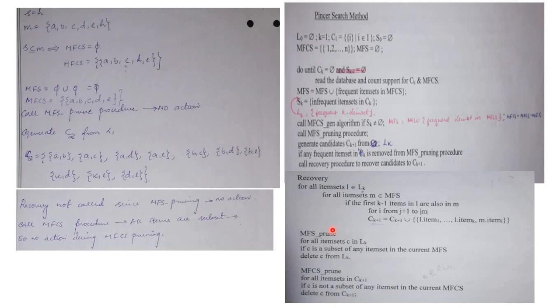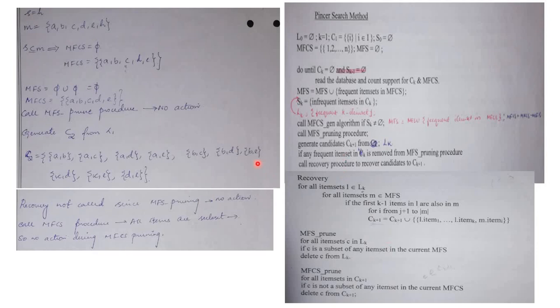If I have any item sets present in MFS as well as in L, then I have to remove them from L. So the MFS prune procedure is called for that reason, which checks whether any of the item sets in L are also present in MFS. For all item set C in LK, if C is a subset of any item set in the current MFS, delete C from CK, delete C from LK. So if there are any items in L as well as in MFS, then remove them from L.